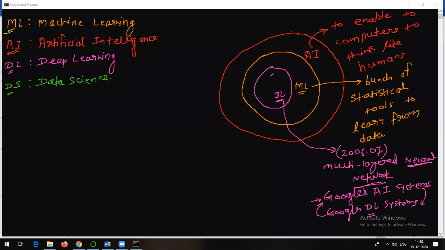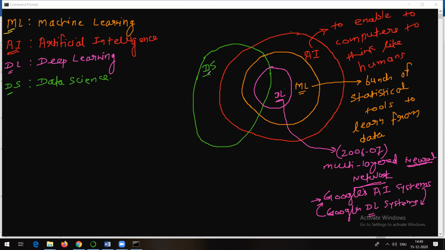But to be more precise, if you refer to standard books, you'll see that they represent data science something like this, which cuts across AI, ML, and DL. That is also true. If someone says that AI and data science overlap each other, I'm not saying that is totally wrong. But to be more precise, data science is going to be somewhere here.